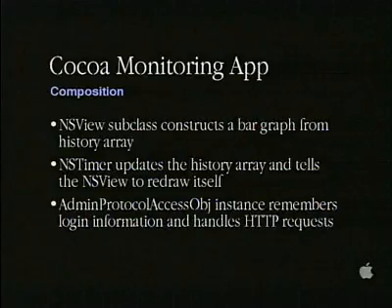And then it includes an NSTimer, which fires every half second and then consequently tells the NSView to redraw itself. And lastly, there's a custom object that I created, which was an admin protocol access object. And this custom object basically performs the HTTP request and parses it into something that COCO can understand.